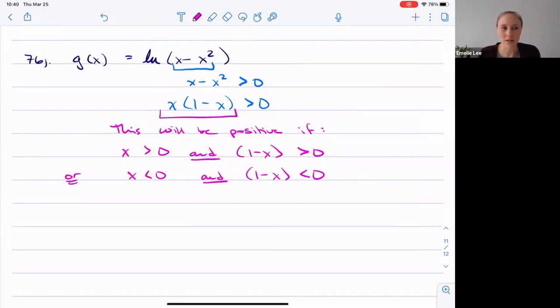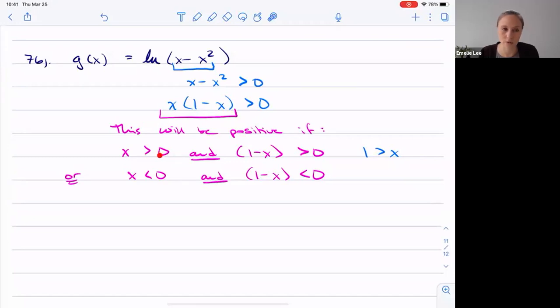So, okay, x is greater than 0 and 1 minus x is greater than 0. Well, this we can morph to 1 has to be greater than x. So x has to be less than 1 and x has to be greater than 0, right?